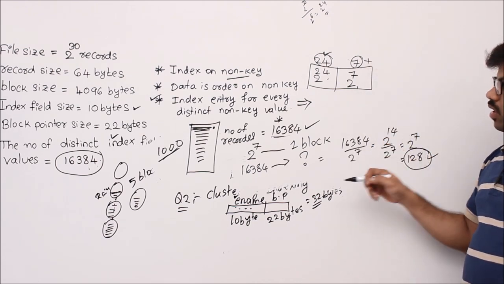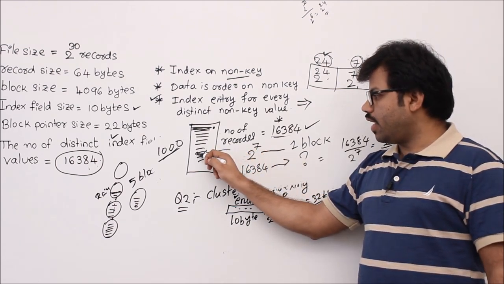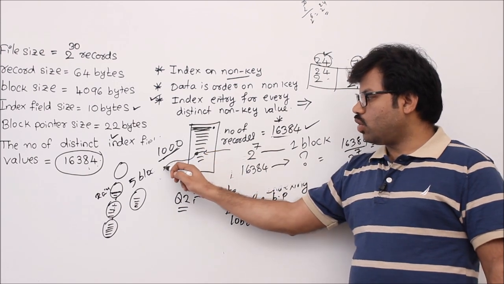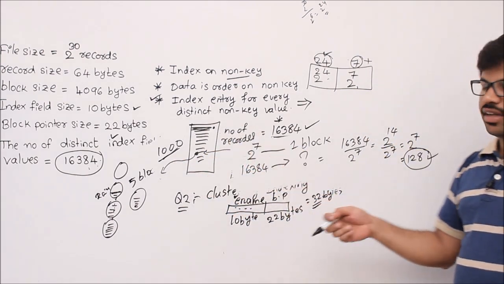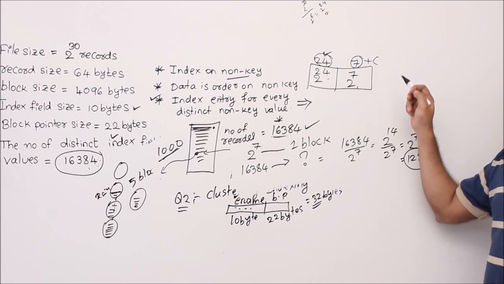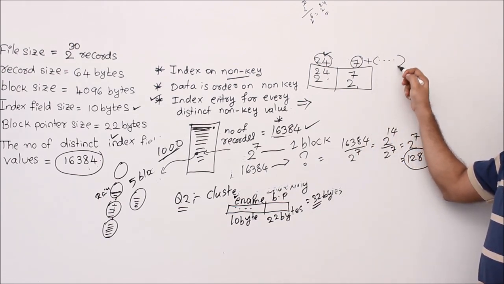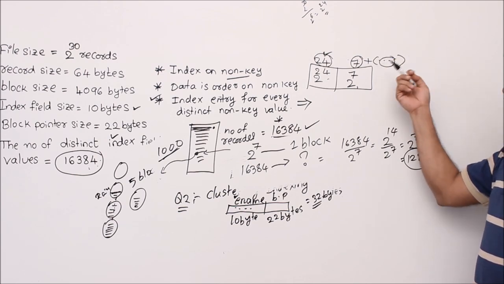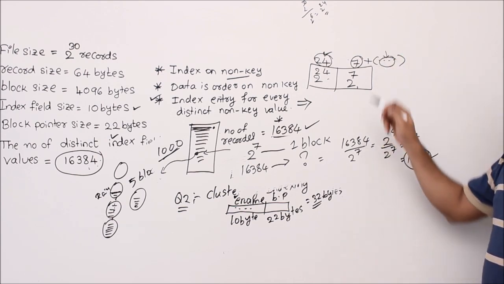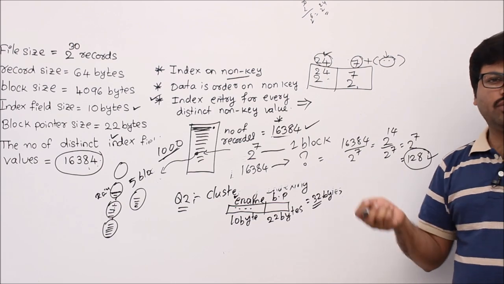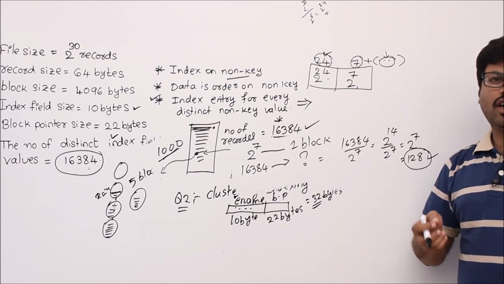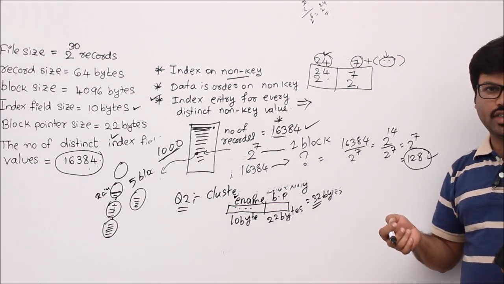Why one more? Once you search the index, you get one entry, one block pointer, and go to that block and we have to search the remaining records, right? So plus not exactly one, because data has duplicates. It depends on the number of records with the same key value, correct or not? So it will be 7 plus something extra. We assume that, let's say, whatever you are searching occupies 2 or 3 blocks. Generally it happens.